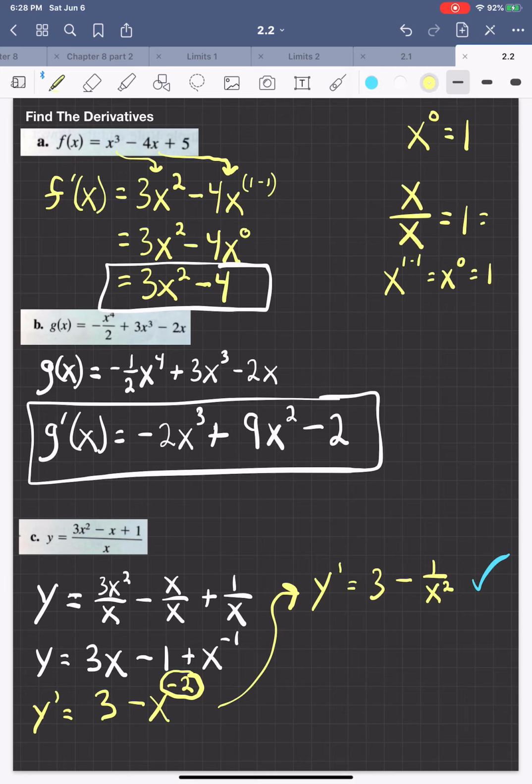If you were to look this up in the back of your textbook, they would probably rewrite that as 3x squared minus 1 over x squared. And how did they do that? How did they go from here to here? Well, literally all they did was write this as 3 over 1 and then combine the fractions, right?